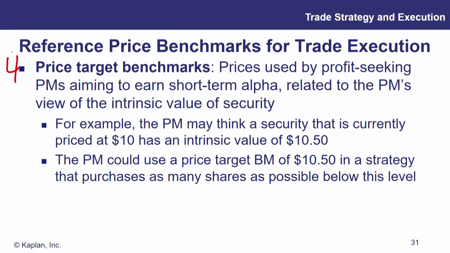And then we have a price target benchmark. This is going to be used by profit-seeking portfolio managers. They want to earn short-term alpha, and it's related to my view of the intrinsic value of that security. So for example, a portfolio manager thinks that a security priced at $10 should be priced at $10.50.